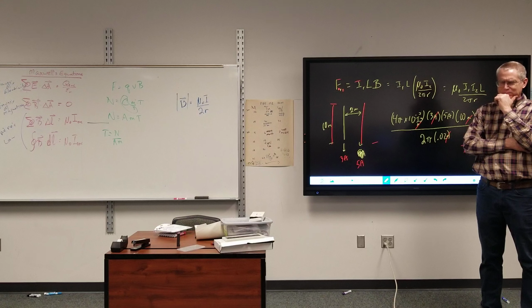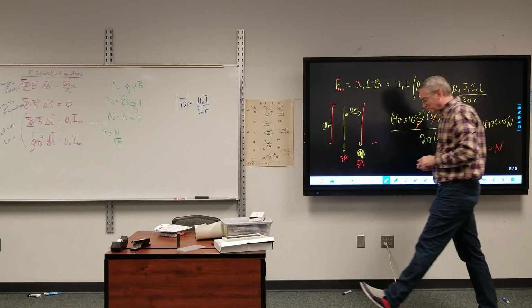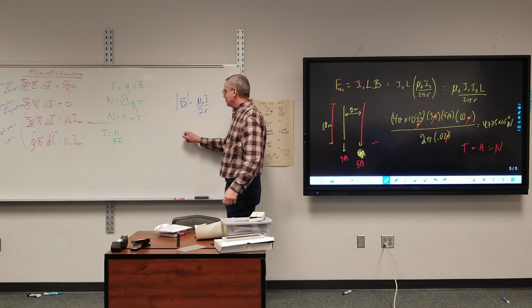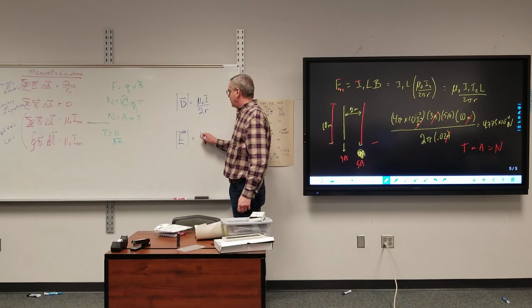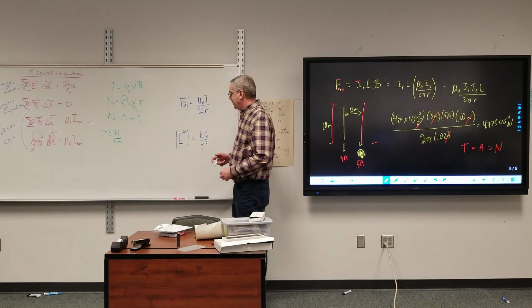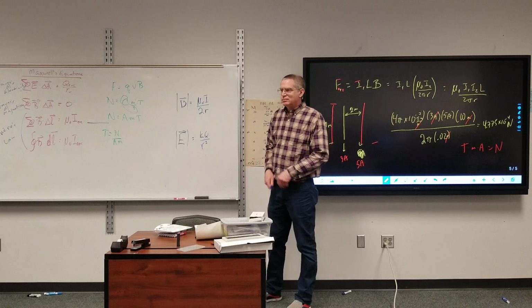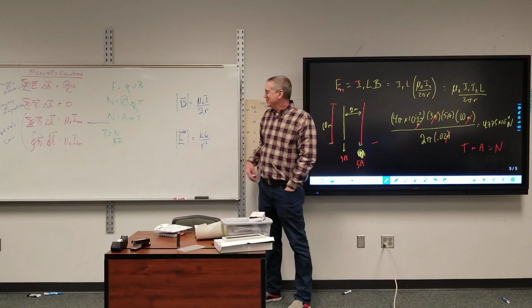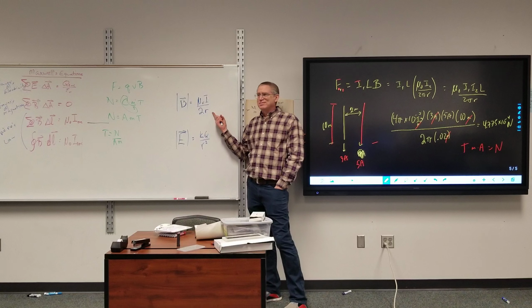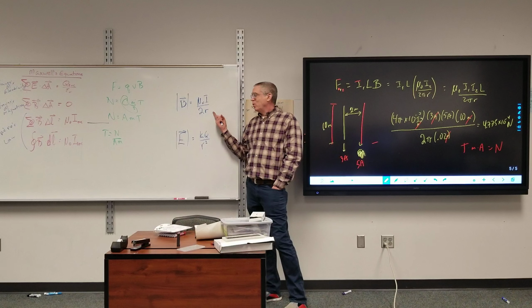So what's R? Whatever point you want to find. Yes. Whatever I want. It's the distance from the wire, which is carrying that current, to whatever point you have in mind.